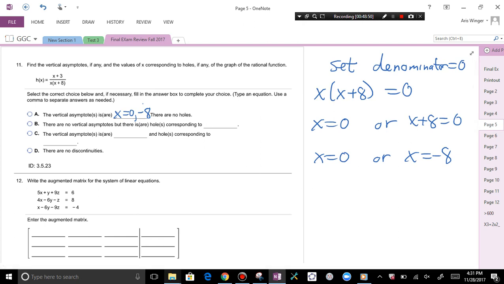So when you're looking for vertical asymptotes, just set the denominator equal to 0 and solve. That's it. That's 11.